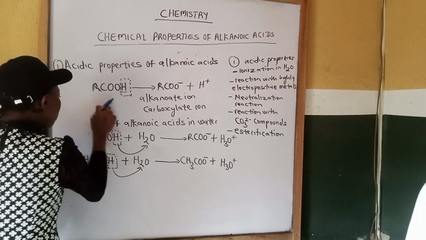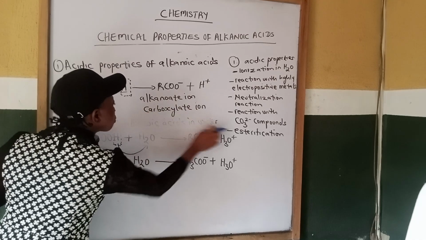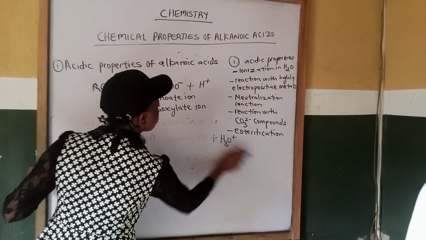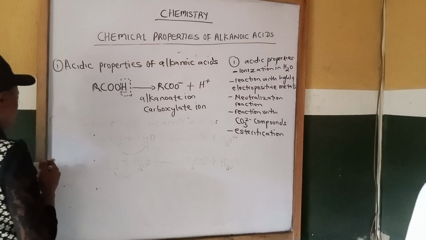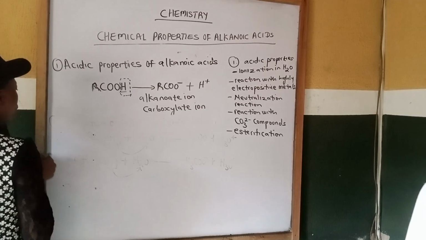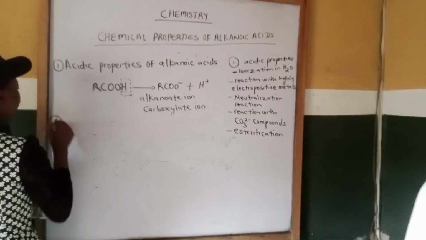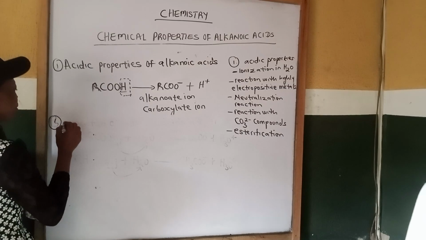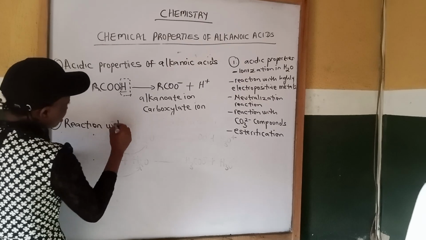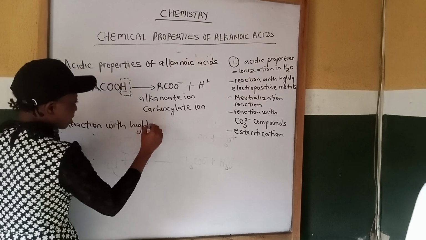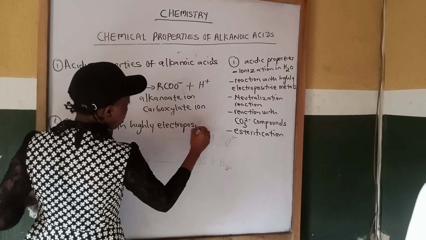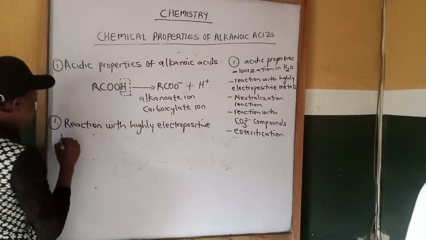Then number two is reaction between alkanoic acid and highly electropositive metals. So two, or B, is the reaction of alkanoic acid with highly electropositive metals.